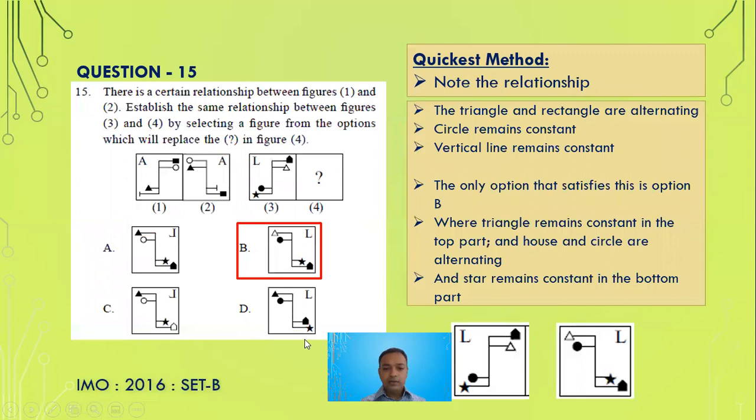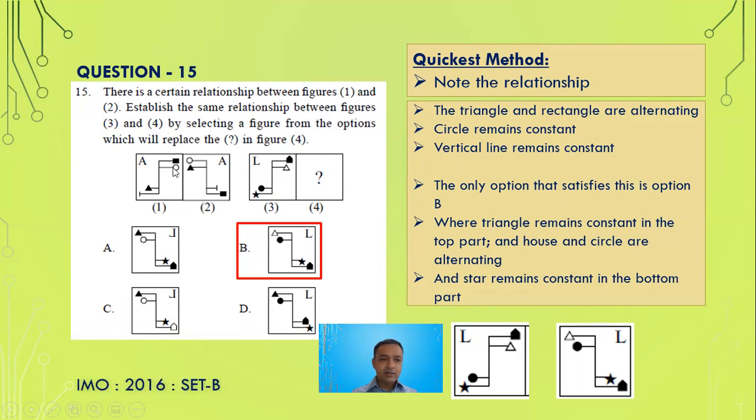Okay, next one. There is a certain relationship between figures 1 and 2. Establish the same relationship between figures 3 and 4 by selecting the options. Which will replace the question mark figure in figure 4? So notice the pattern.